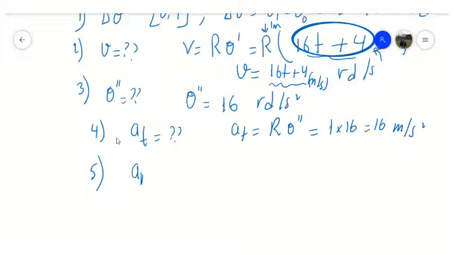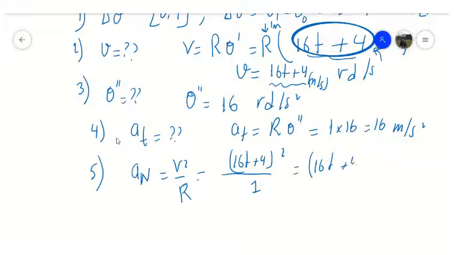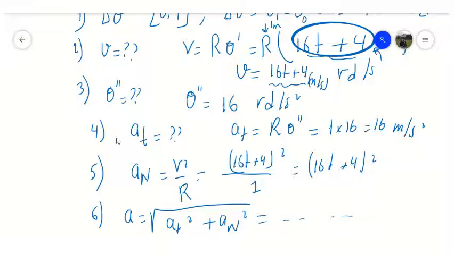Normal acceleration an will be v squared over r. We substitute for v squared, 16t plus 4 squared over 1. It will be 16t plus 4 squared. So if we have to determine the acceleration, which is the square root of at squared plus an squared, we substitute for each value of them.